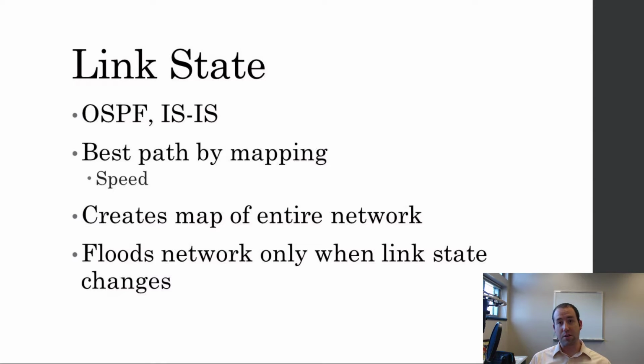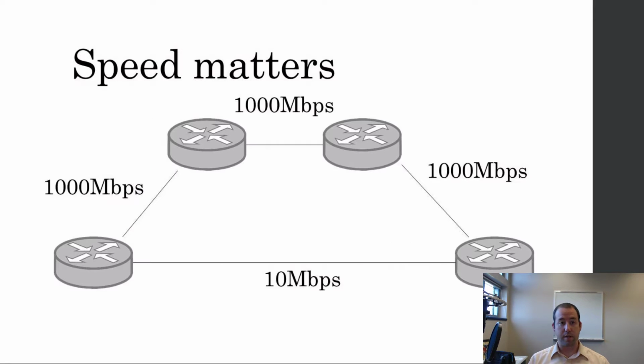When something changes on a router in a link-state protocol, say a link goes down or a new link is added, that router is going to share that with the network, and it'll propagate out like everything else. But otherwise, nothing changes, and the network all stays nice and quiet. So there are much lower bandwidth requirements in terms of network traffic, as long as things aren't changing.